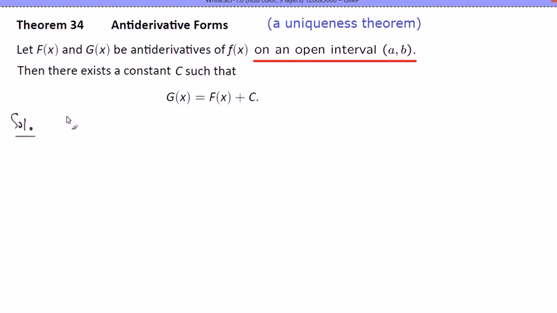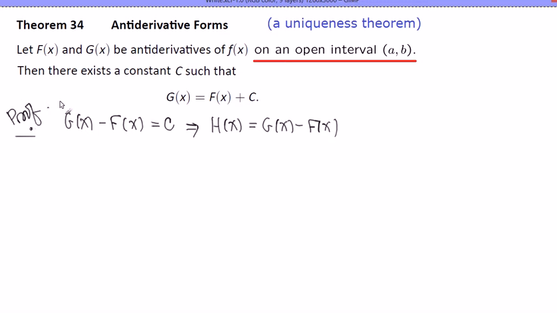So let's look at this equation, g of x, and manipulate it like this, which is equivalent. If you can prove this one, then you're proving that one. The left-hand side looks like a function, and the right-hand side is a constant. So it motivates us to define one function, h of x, being g of x minus f of x. It's not a solution, it's called a proof: mathematically explaining why this is always the case.